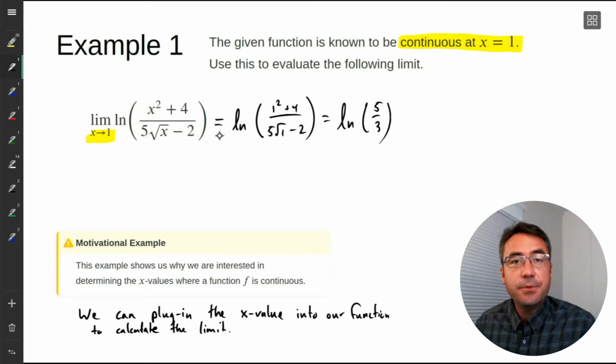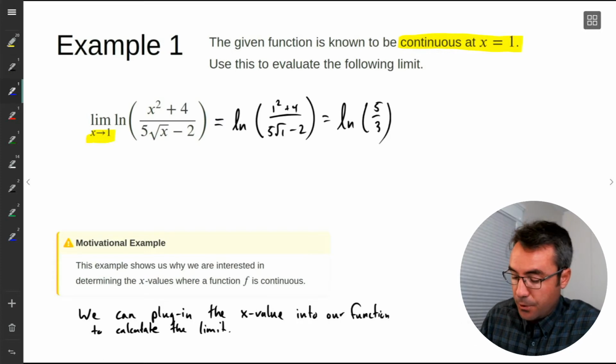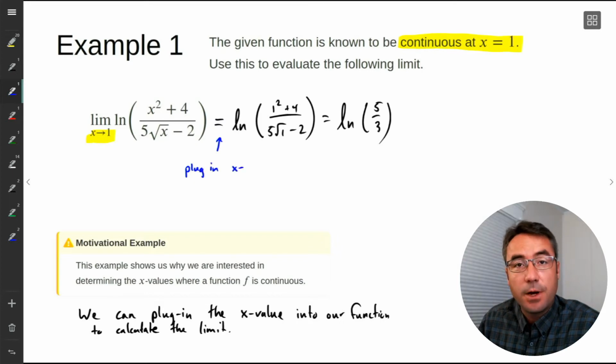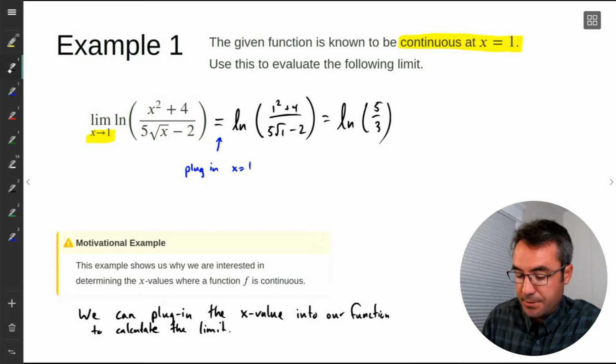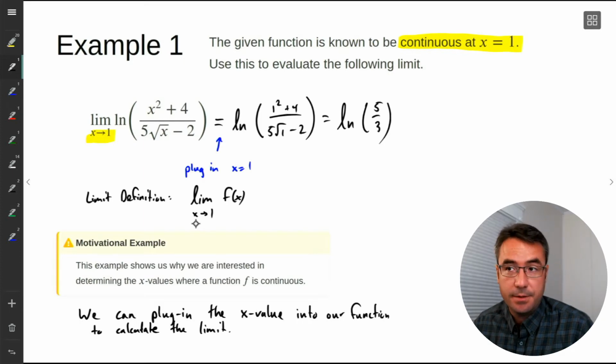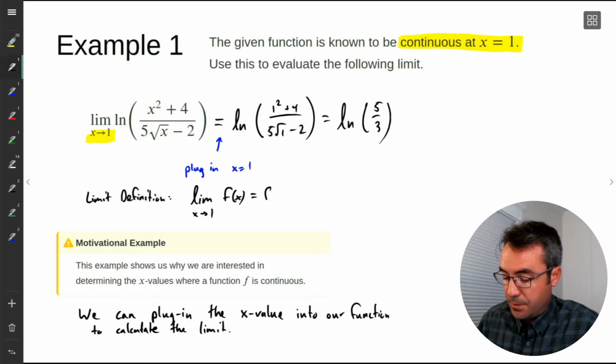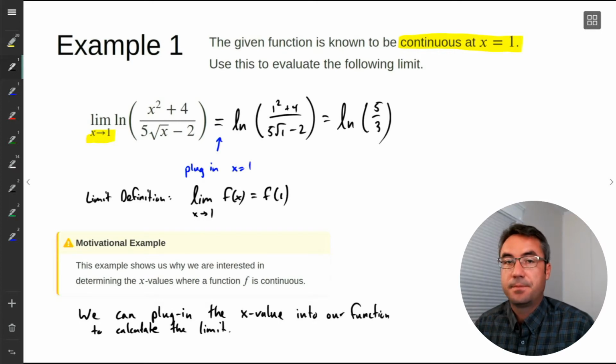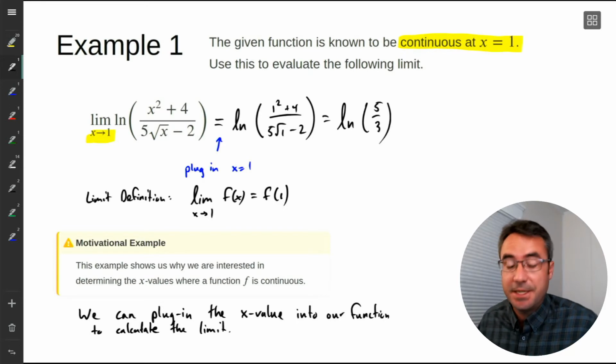And so why we can do this, what we're doing right here, is we're just plugging in x equals 1, right into our function. And that comes from our limit definition of continuity. So the limit definition says the limit of your function f of x, in this case as x approaches 1, is equal to f of 1, provided that the function is actually continuous at x equals 1.